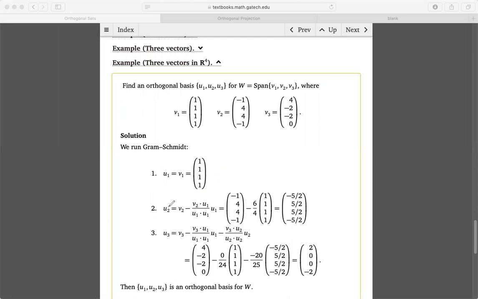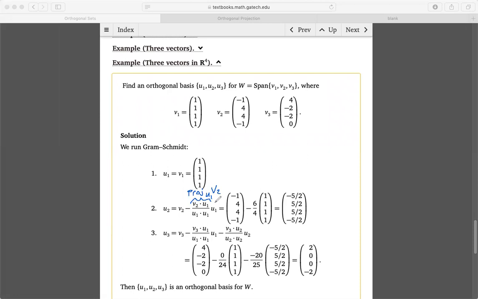Then u2 is going to be v2 minus the dot product of v2 dotted with u1 over u1 dot u1 times u1. That's the projection of v2 onto u1.